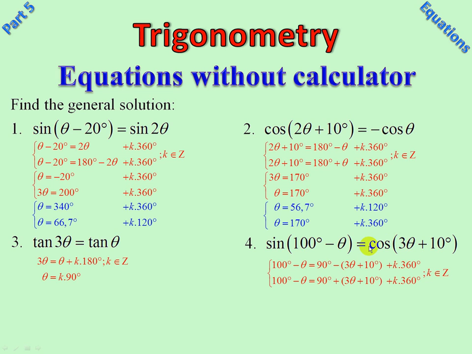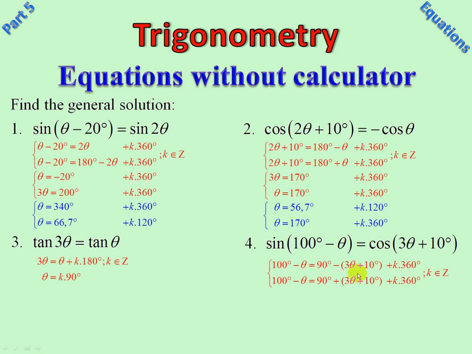So therefore I'm saying sine of what becomes cos of 3 theta plus 10? Well, sine of 90 minus 3 theta plus 10 becomes cos of 3 theta plus 10, or sine of 90 plus 3 theta plus 10 becomes cos of 3 theta plus 10. So I've gone straight there. It might be easier for you to actually do the 90 minus and get it to sine and then go from there, because this is quite sneaky.